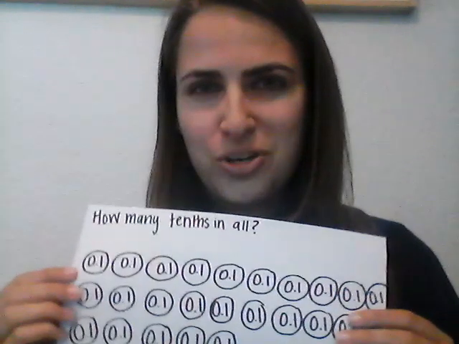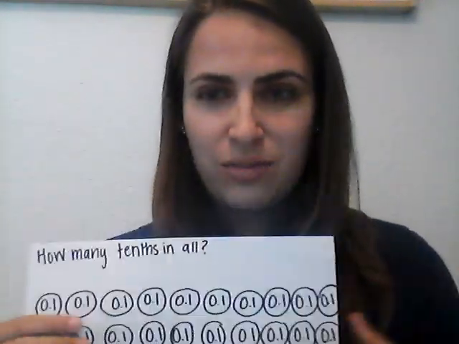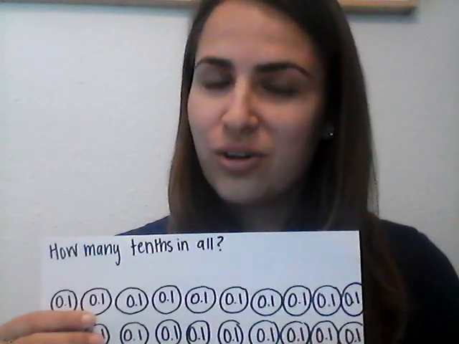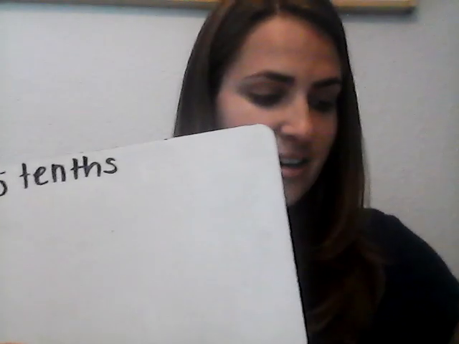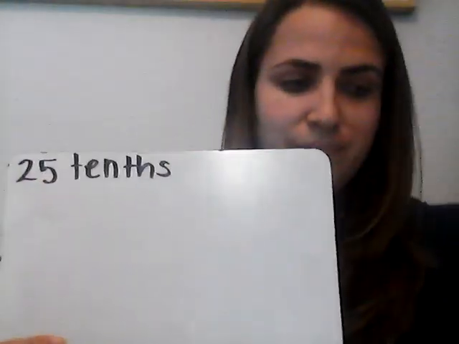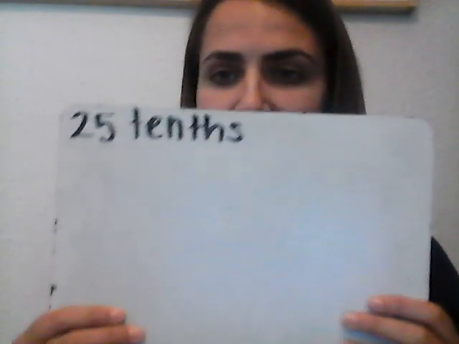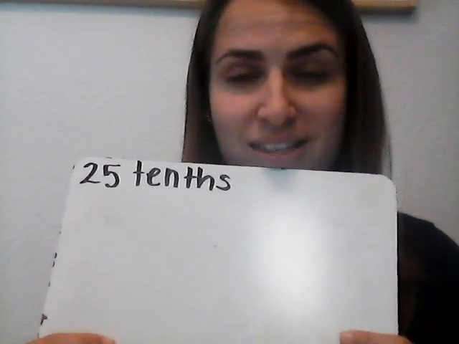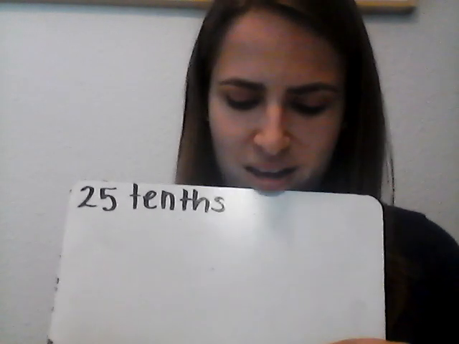What I want you to do before we start discussing the different ways that we can represent 25 tenths, I want you to explore them on your own. So we found that there were 25 tenths represented in this picture. Here I wrote it in unit form, 25 tenths. And I would like for you to write this down on your paper as well.